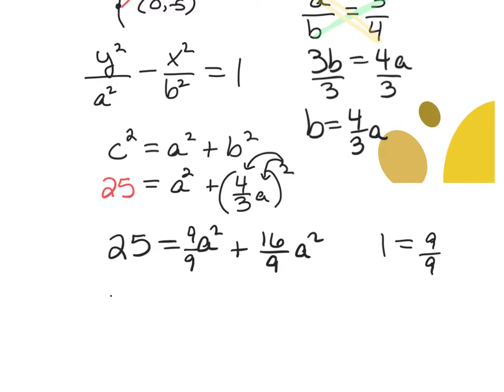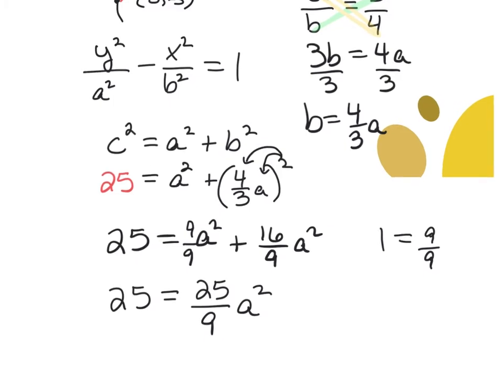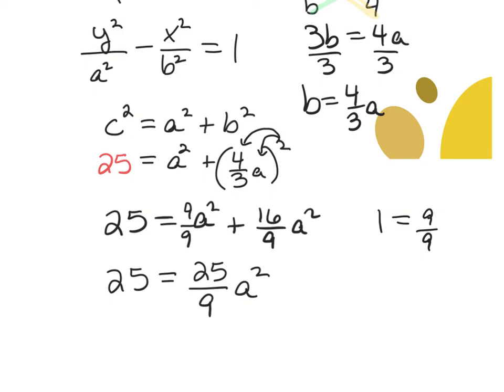So 25 equals 9 plus 16 is 25/9, A squared. I need to isolate A squared, so I'm dividing by 25/9, which is really multiplying by the reciprocal.